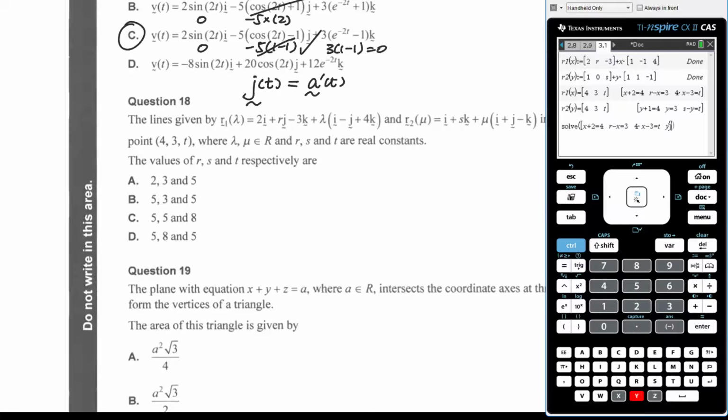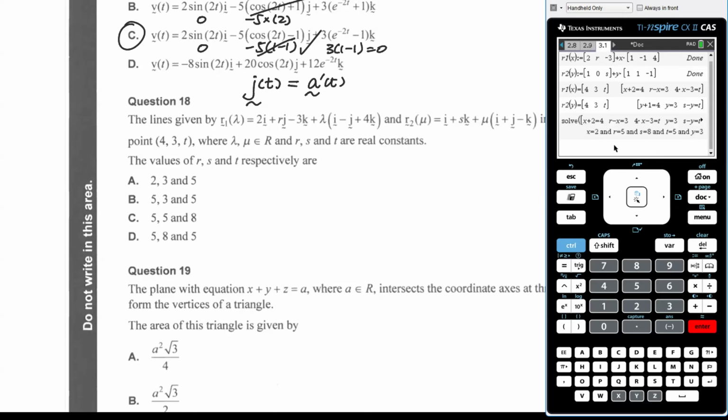And then I'll go for y equals to 3 and shift s minus y equals to t. So altogether, we should have s minus y equals to t. And then I go for comma x, comma y, comma rst. So you'll be able to get rst, they are 585, okay? 585, so I think that's option D.